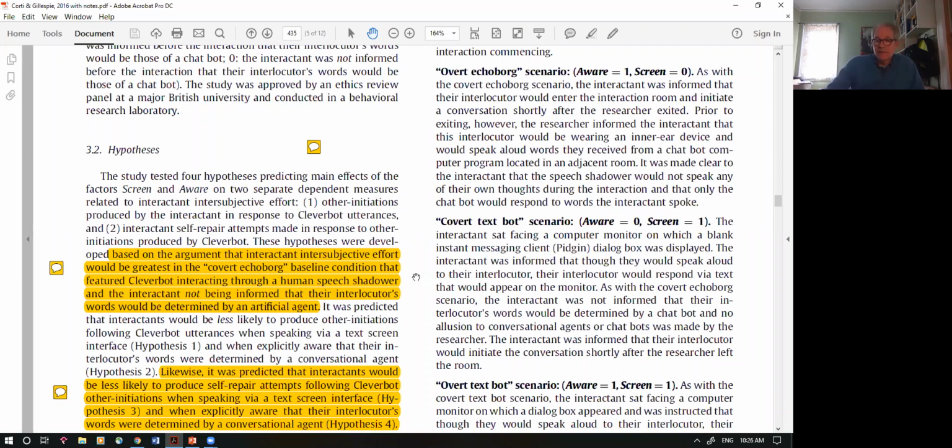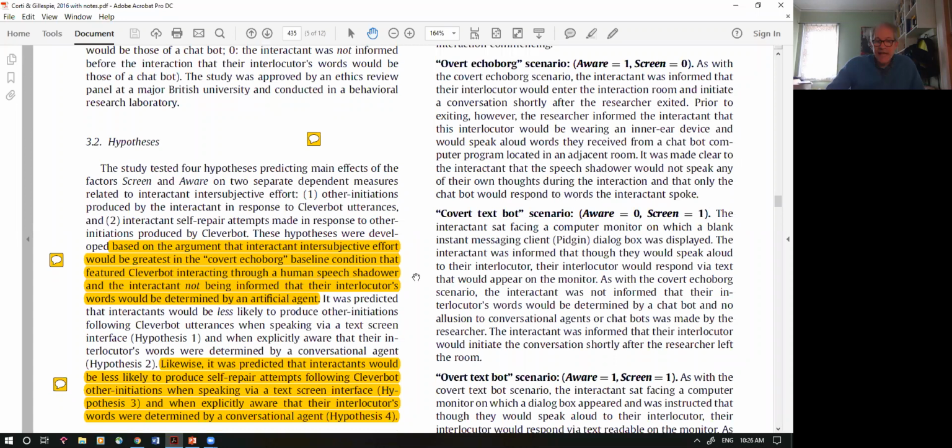So they did what is standard in discourse analytic research. They identified all these examples of repair, and they counted them up, and they did a statistical analysis.